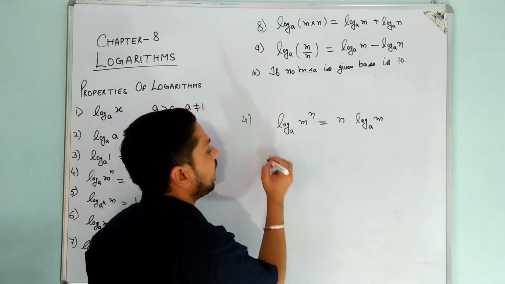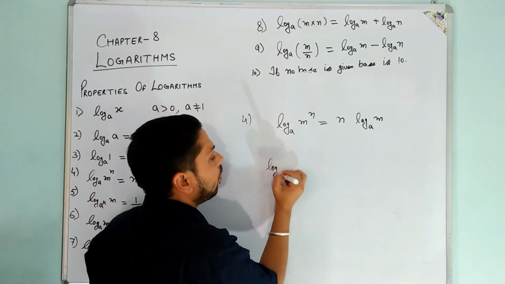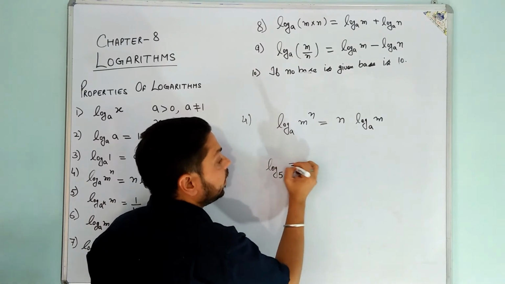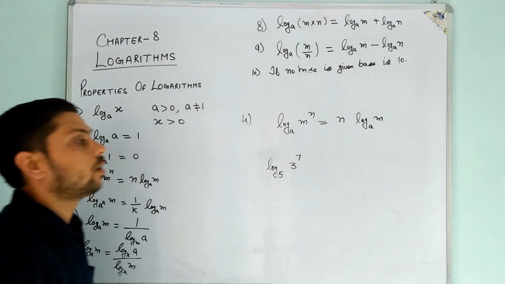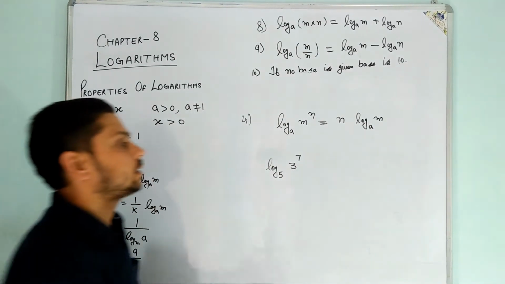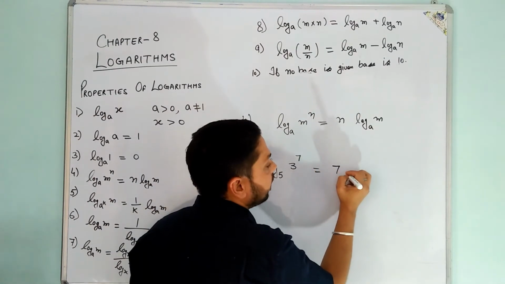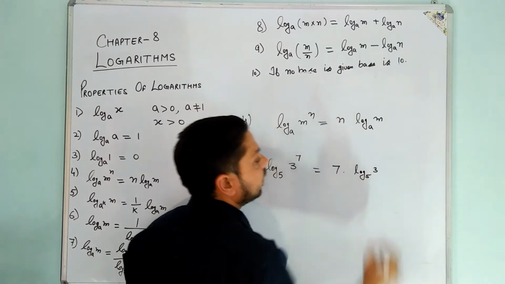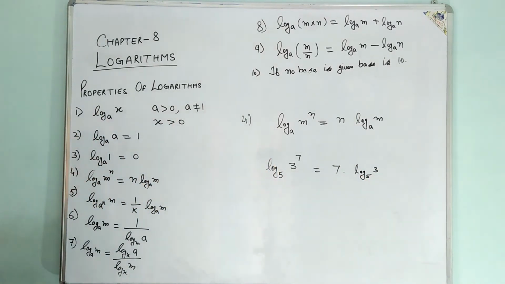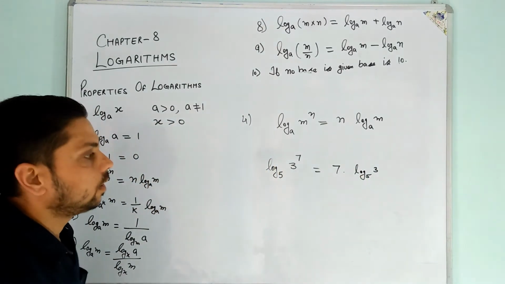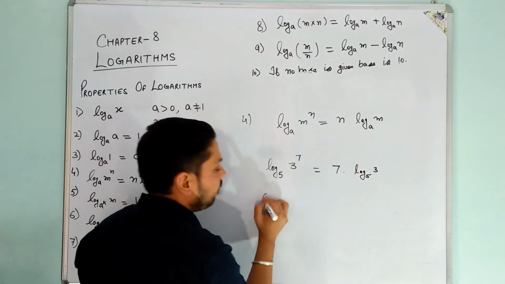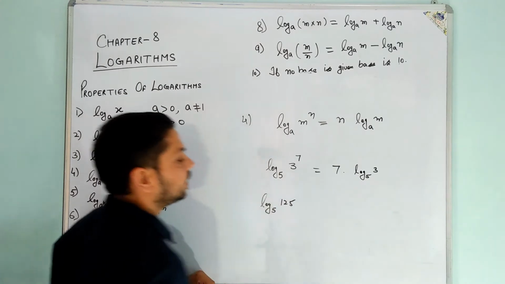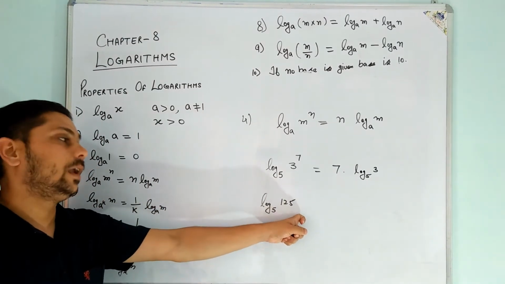For example, if we have log of 3 raised to power 7 with base 5, so this will give you 7 into log of 3 with base 5. Or if we have it like this, log of 125 with base 5.